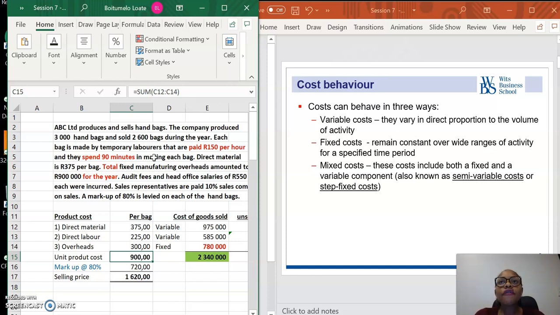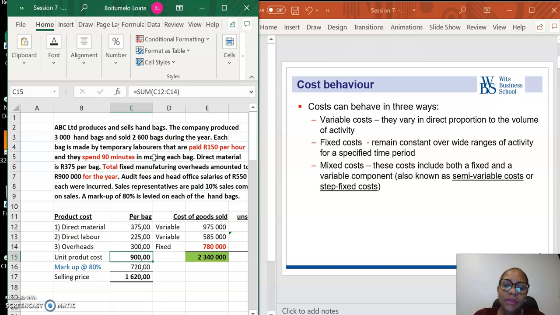And regardless of the volumes or units you're producing within your factory, if you're paying, let's say, the factory supervisor that exact amount every year, regardless of the volumes, his cost will then be classified as a fixed cost. Even though in the following year you could potentially give him an increase, because it remains constant over that 12-month period, we can then classify it as a fixed cost.